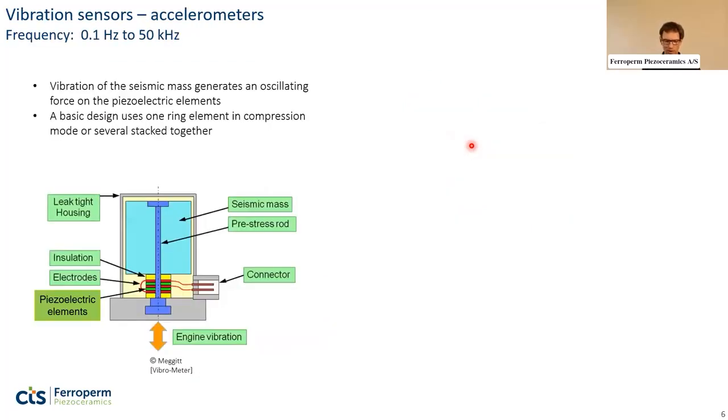The next example I'll give is the application of vibration sensors. You see here an accelerometer, a rather simple design, where the piezoelectric ceramics are shown as 3 red discs, and they are just stacked on top of each other.